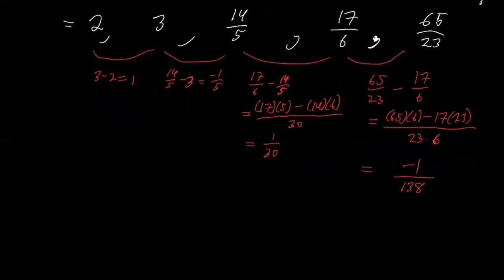the other thing to notice, before I even plot them on the number line: the numerators alternate. Let me try to write this better than that chicken scratch that I just wrote.